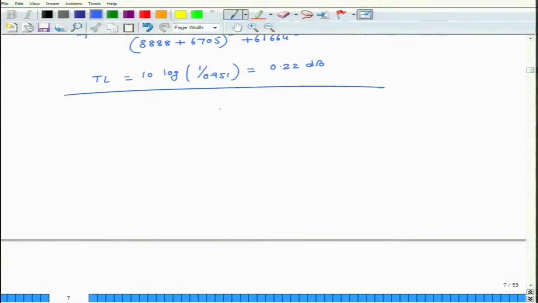And if I plot, let us say, my frequency, and let us say I plot on the y axis transmission loss, I will get a curve something like this.